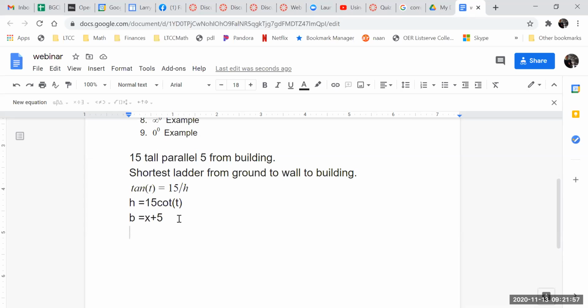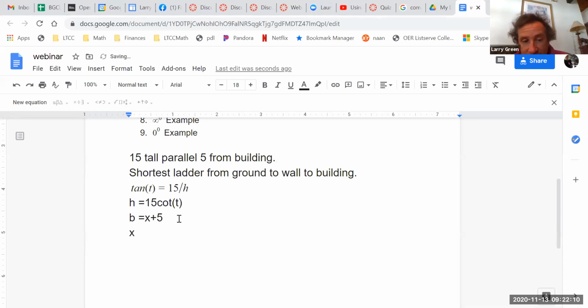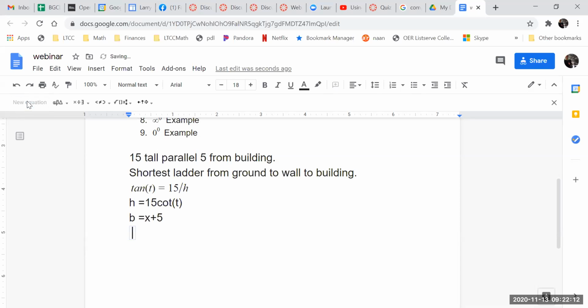Or no? Okay. So y is going to be what? The height of the building. The height of the building. So if you're going to look at the height of the building is to x plus 5. Right. Let's do it. There's an equation.